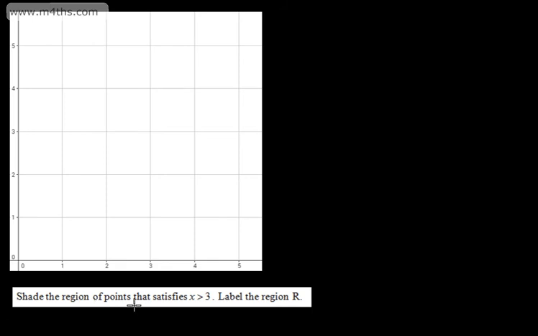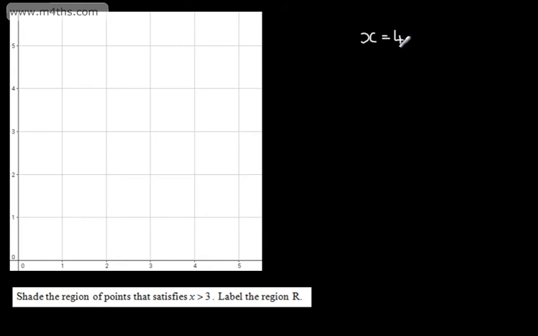We're asked to shade the region of points that satisfies x is greater than 3. We're asked to label the region R. Let's start off by looking at horizontal and vertical lines. For example, if I had the line x is equal to 4, what we would do is simply locate the x-coordinate of 4 and draw a vertical line.